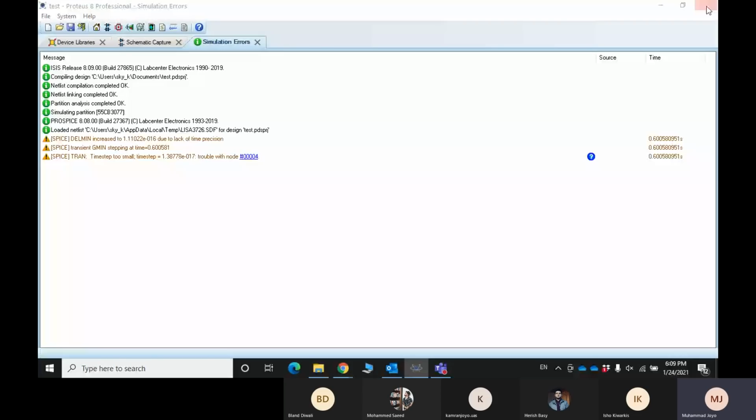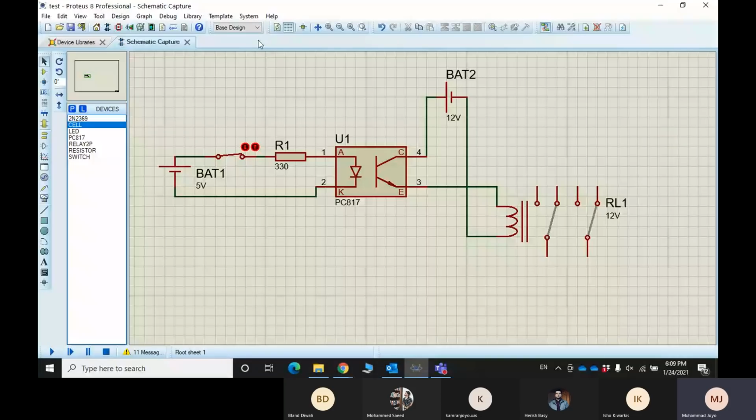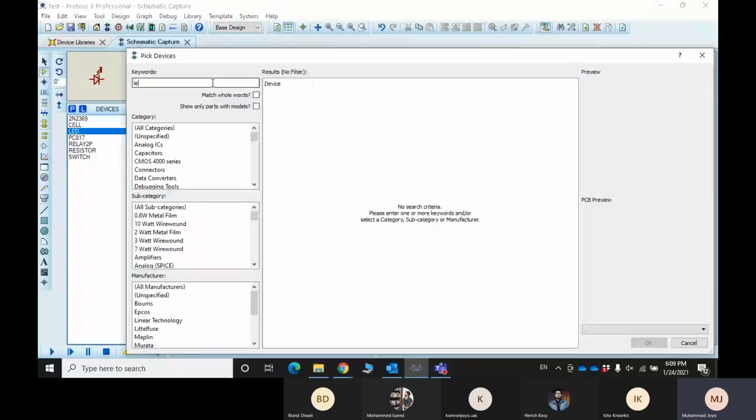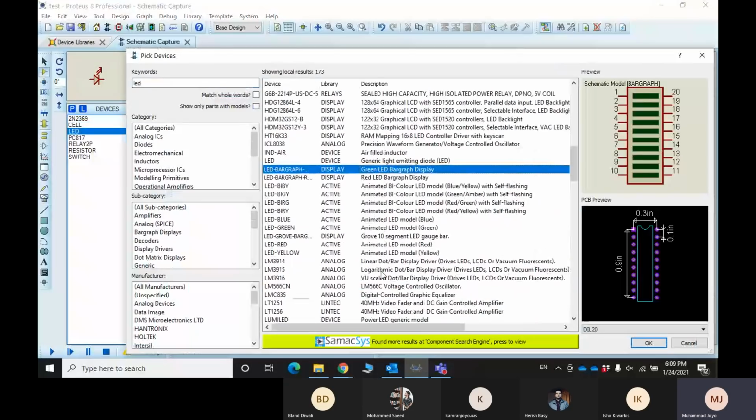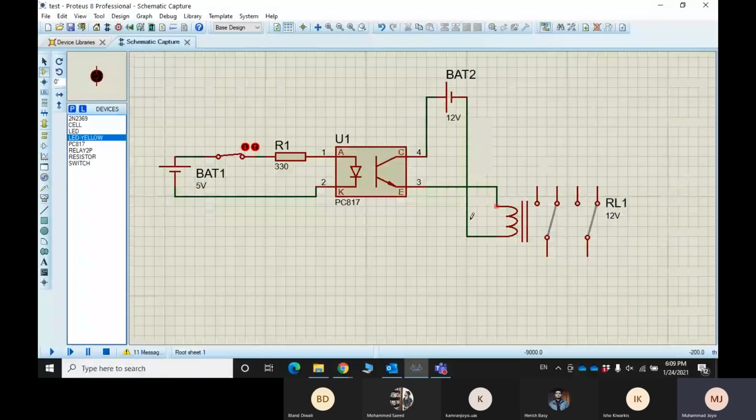Okay, what we can do right now is attach one LED. We can rotate it.